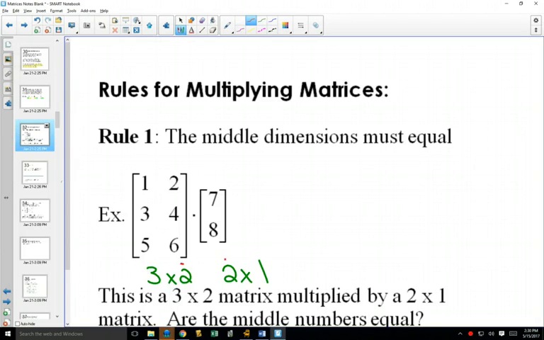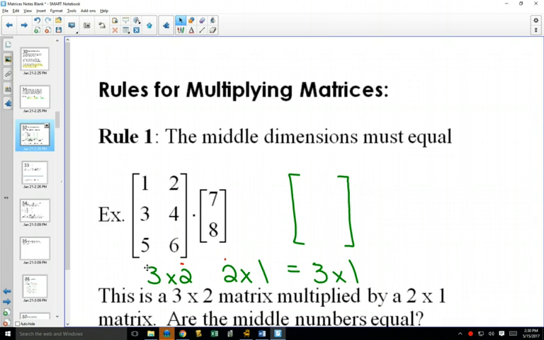These middle numbers are the same. So when we multiply these together, we're going to get a 3 by 1 matrix, because those outside numbers are what tells you your final answer.